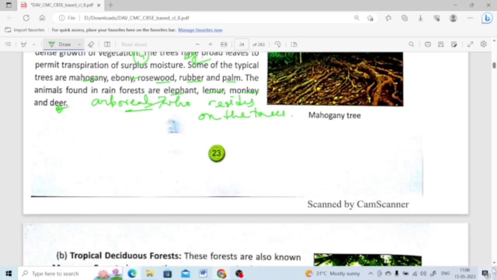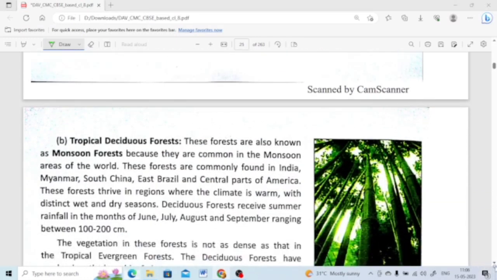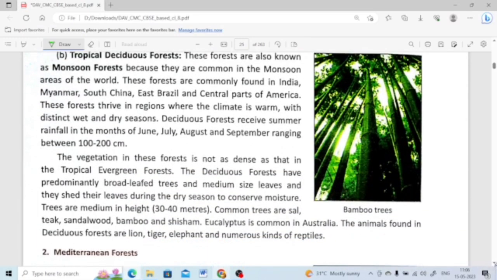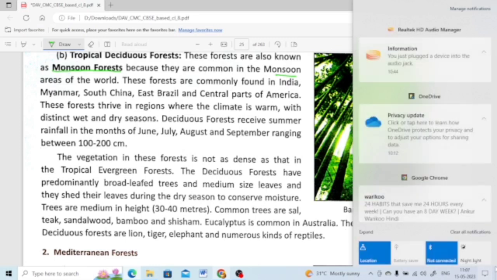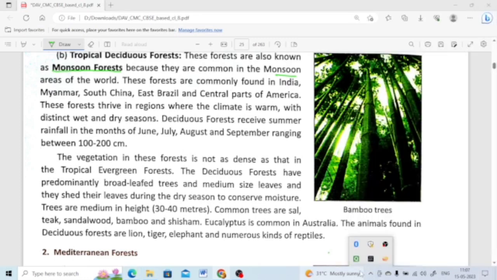Moving on to the next, tropical deciduous forest. These forests are also known as monsoon forest. Where there is monsoonal climate, we can get tropical deciduous forest because they are common in the monsoon areas of the world. These forests are commonly found in India, Myanmar, South China, East Brazil, central parts of America, and these forests thrive in regions where climate is warm with distinct wet and dry seasons.